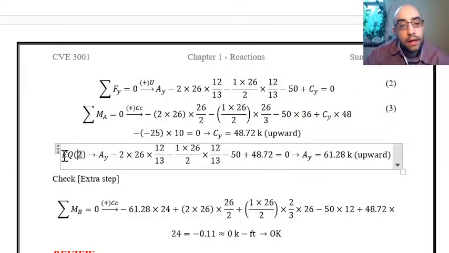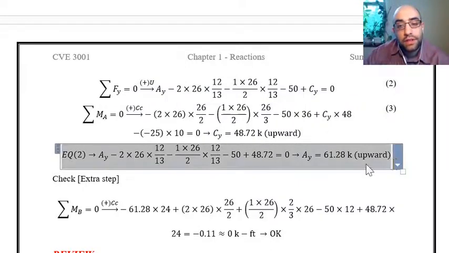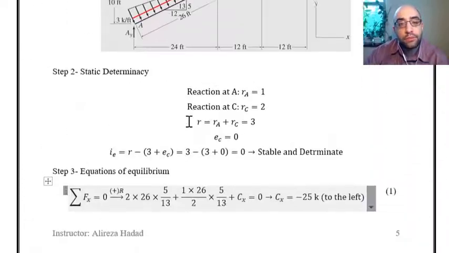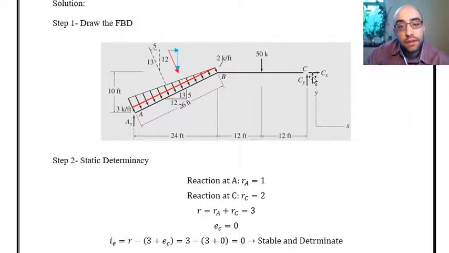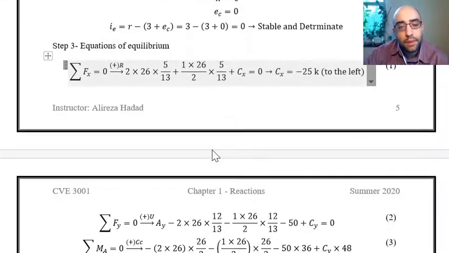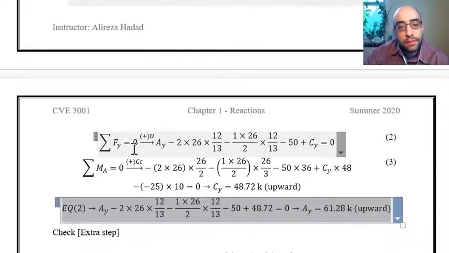By returning the vertical reaction at point C to this equation, we can simply find the reaction at point A. See, this is the reaction that I could find earlier. I'm going to return it to the equation of summation of forces in vertical direction equal to 0 to find the reaction over here. This is the equation that I'm talking about.